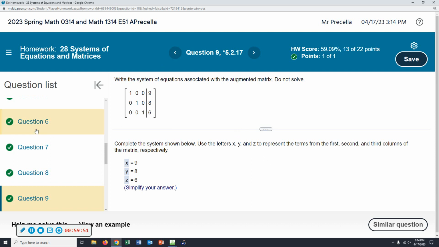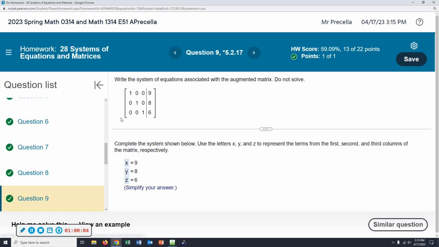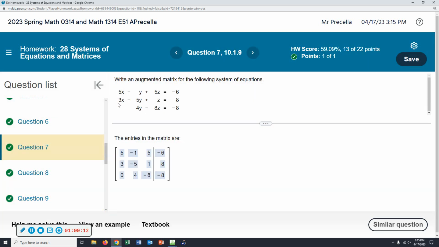If you have a matrix like this, the preferred way to have it written is like this, with the ones down the diagonal and zeros everywhere else. They share the same equations.